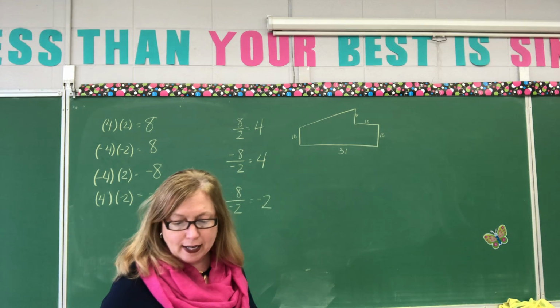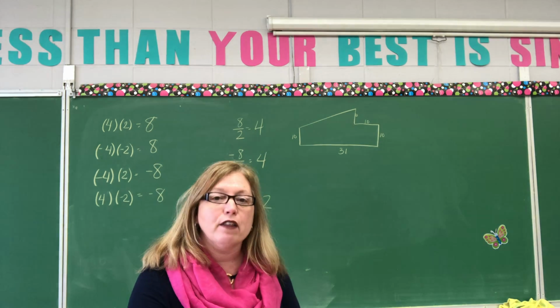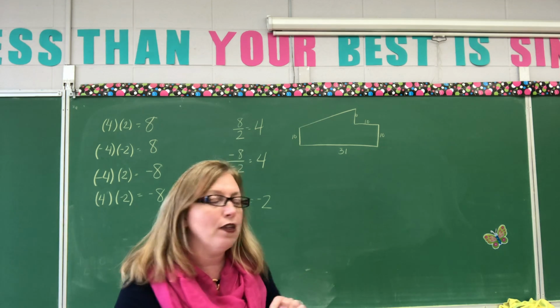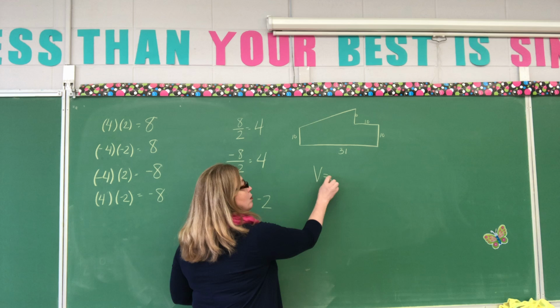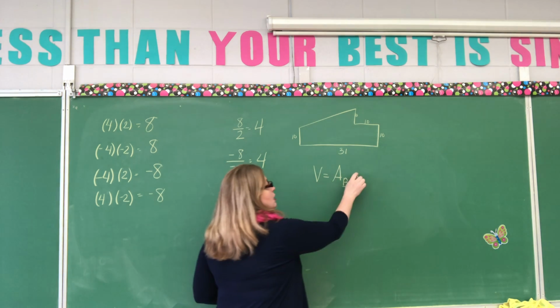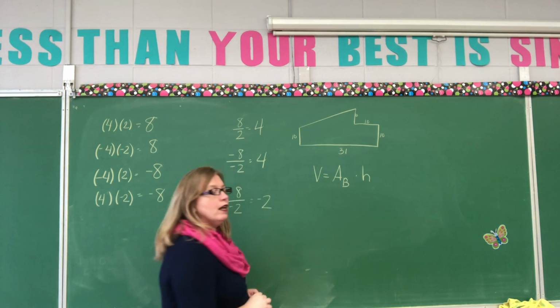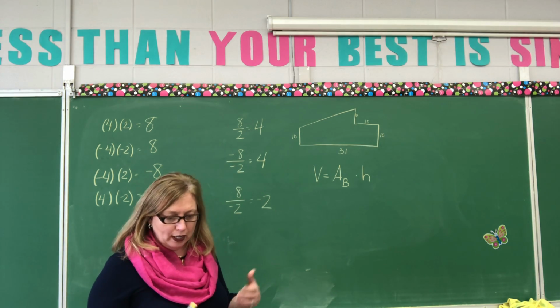In this problem, it tells me that I want to find the volume. We know that no matter what our shape, the way to find volume is volume equals the area of the base times height. Okay? But what is the area of the base? We have to look at that. We need to divide it.